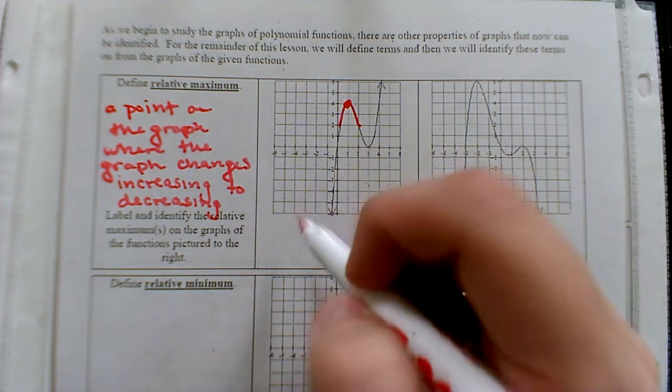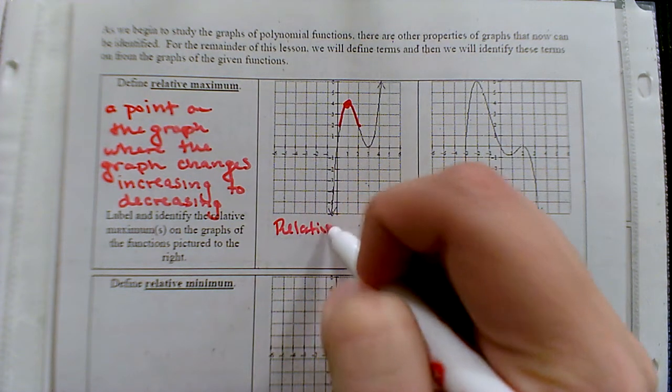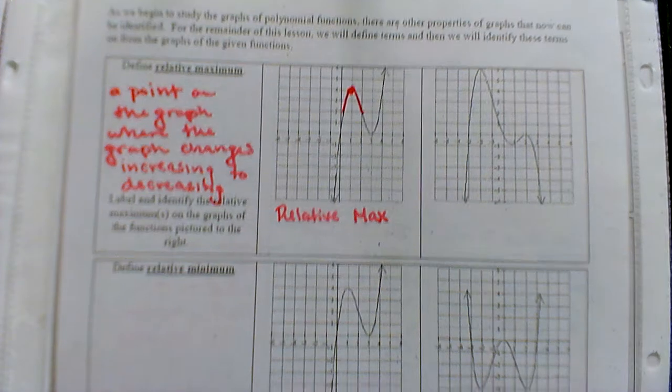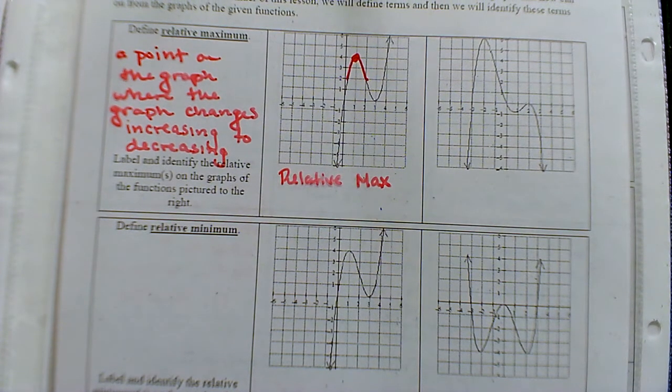So I kind of jumped the gun a little bit and showed you where one of them is located in that first spot. So we'll say we have a relative max. Okay, we're eventually going to talk about an absolute maximum. We'll get there in a second. Relative just means kind of a high point, any high point on the graph.